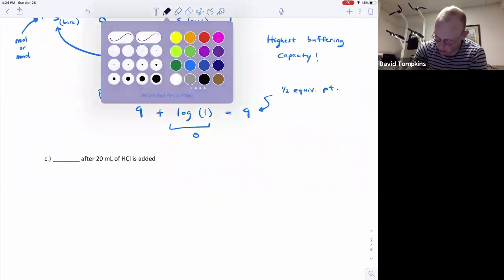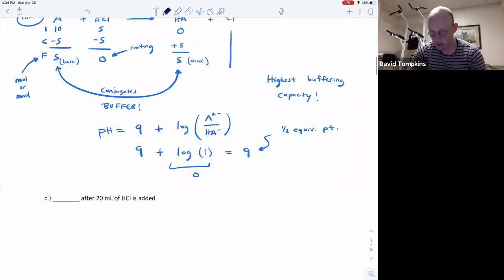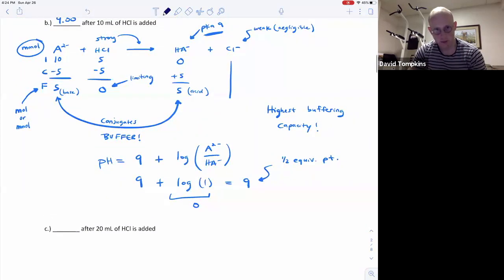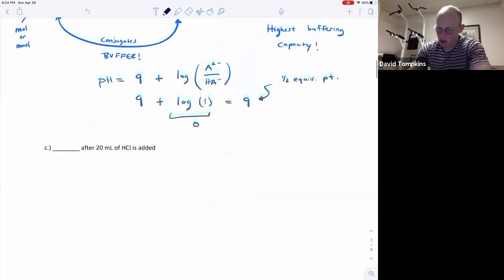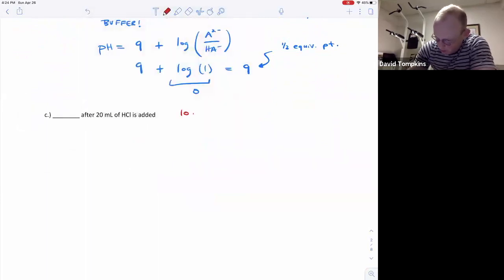So what about after 20 mL of HCl is added? Now we're doubling our amount of HCl. So we still have our 10 millimoles of base. We're starting back from the beginning, right?